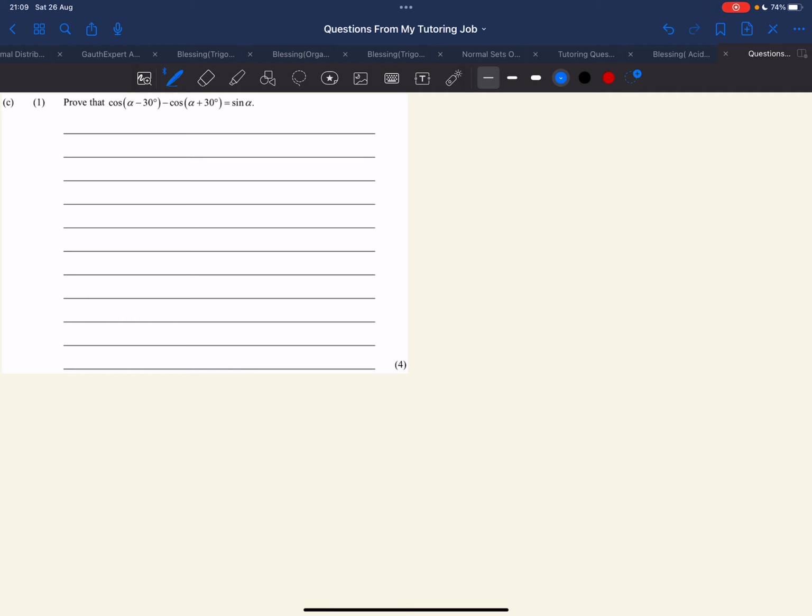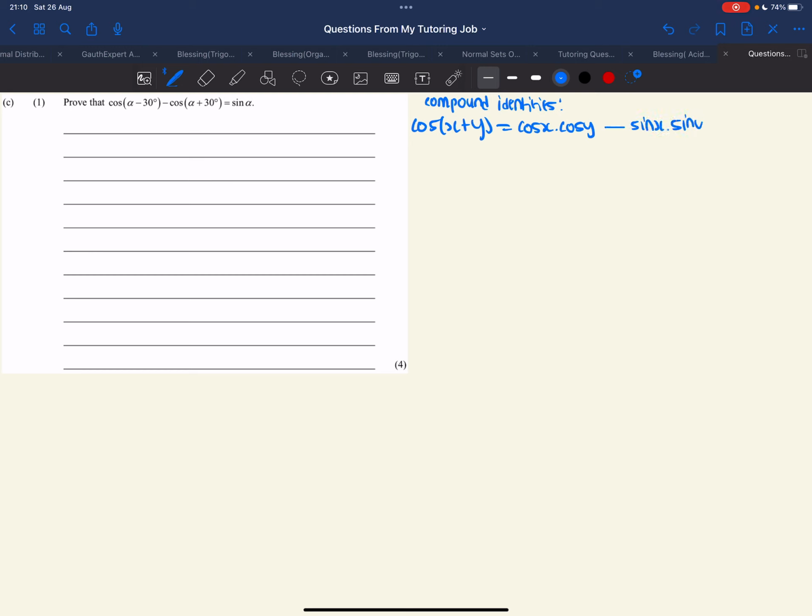Compound identities, right? According to compound identities, I see that these ones are for cos. So if you say cos of x plus y, it will be cos x multiplied by cos y minus sine x multiplied by sine y.